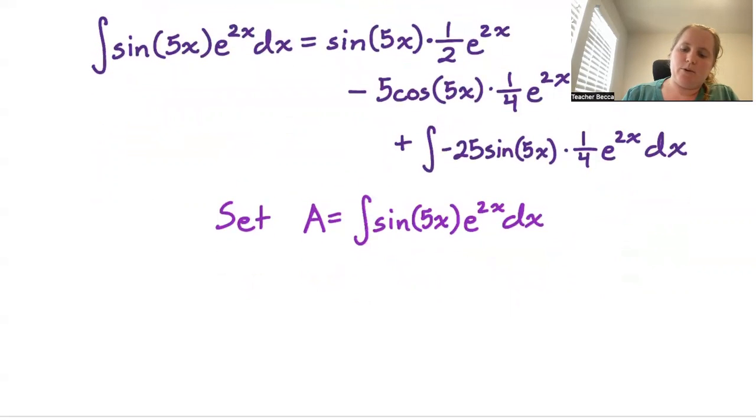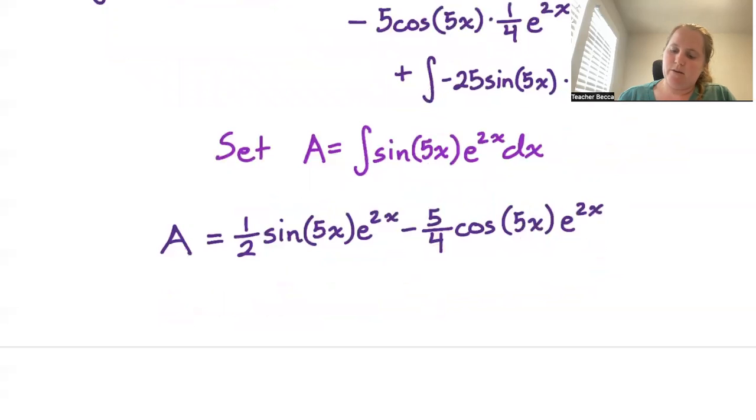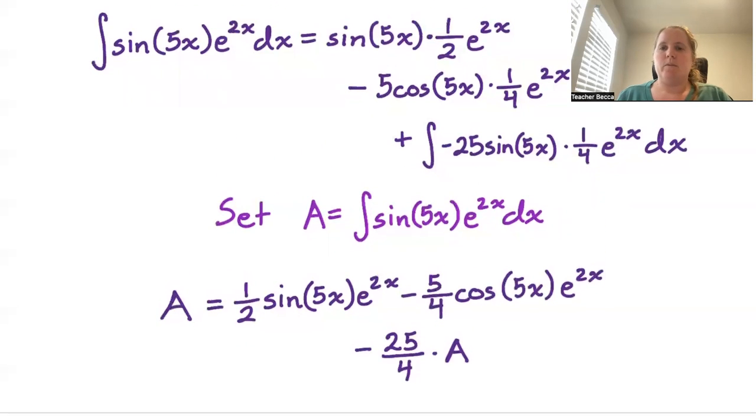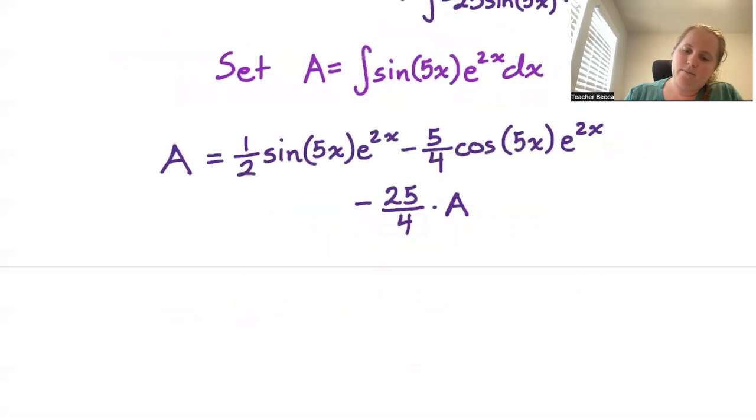We wind up with capital A is equal to, on the right-hand side, 1/2 times sine of 5x e to the 2x, then minus 5/4 times cosine of 5x e to the 2x, then minus 25/4 times the remaining integral, which is just our capital A. Right, we're left with the integral of sine of 5x e to the 2x dx, which is what our A was. So from here we can solve for A.